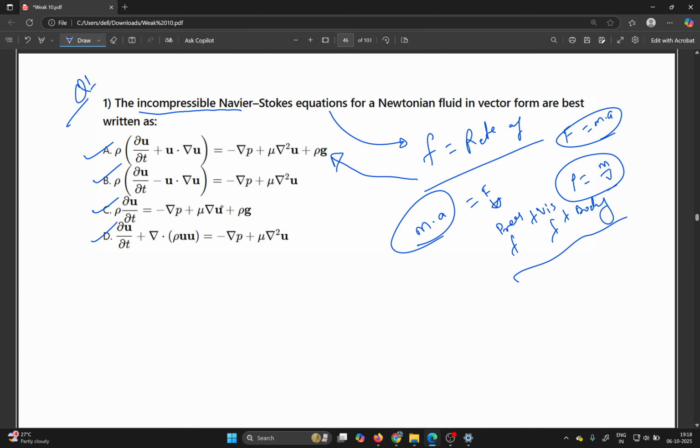Once you check here, this represents your acceleration, this is the pressure force, viscous force and body force. So option A will be correct here, remember please. Always remember that in the Navier-Stokes equation we consider all three forces, pressure, viscous and body force, and the acceleration part will be there.